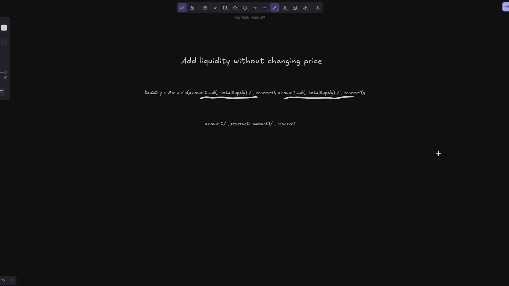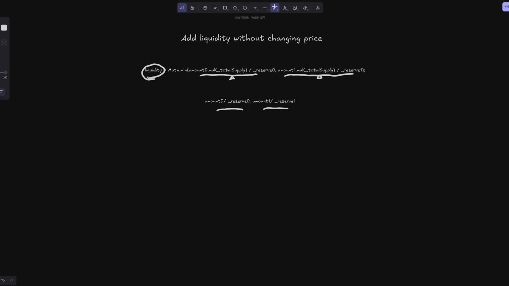But since both parts have this element, total supply, we can take it out. So essentially it's comparing this part and this part and taking the smaller one to calculate the liquidity. And by the way, the liquidity here is the LP tokens that the users can get. Apparently any user would want to maximize the liquidity here.